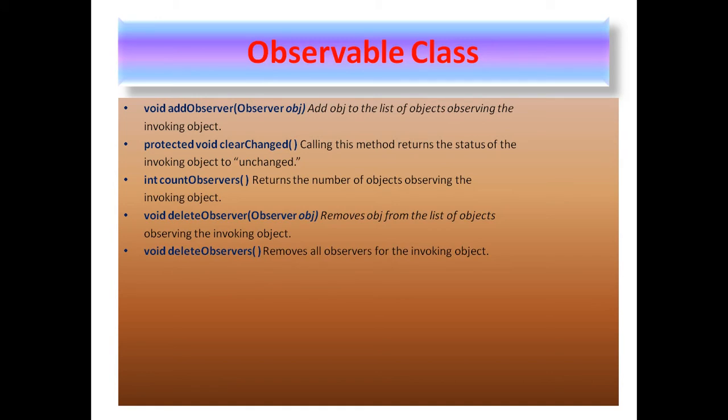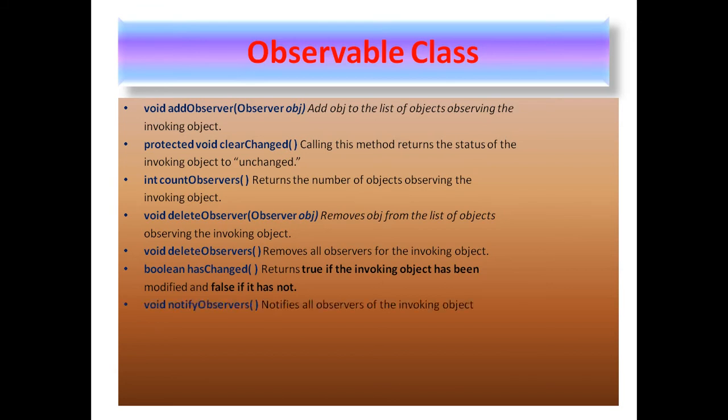Has changed returns true if the invoking object has been modified, or else false. And then notify observers notifies all the observers of the invoking object that it has changed by calling update. It will call the update method.